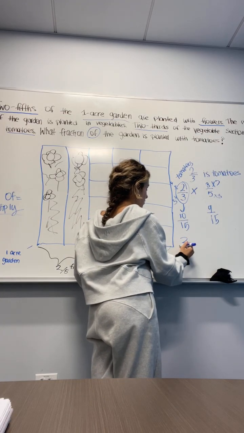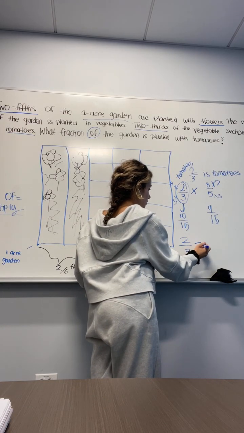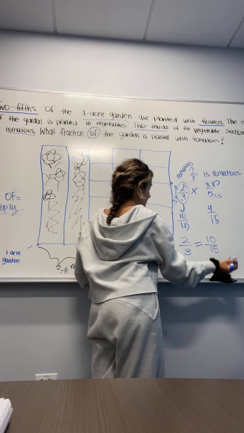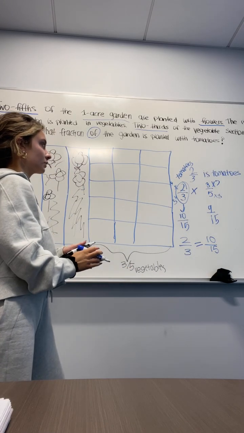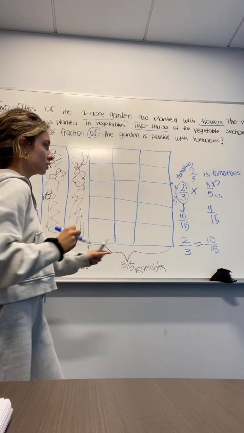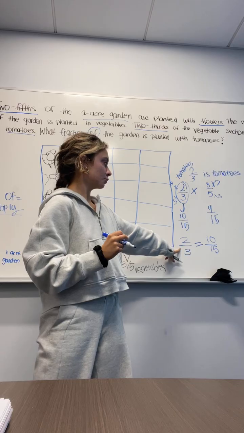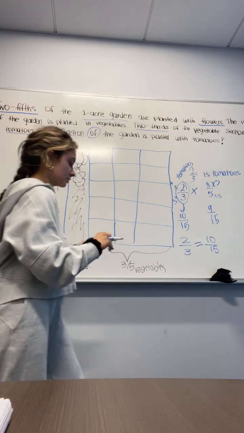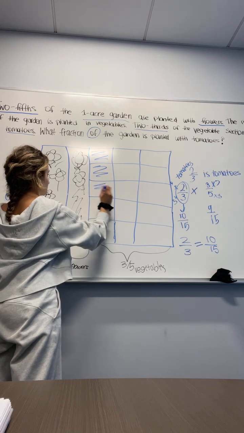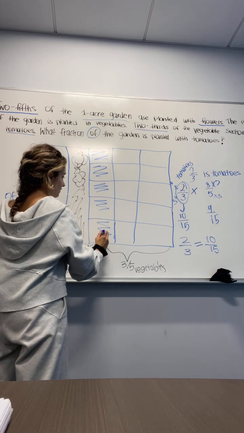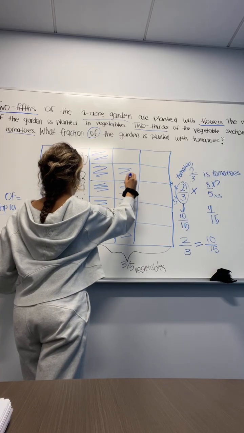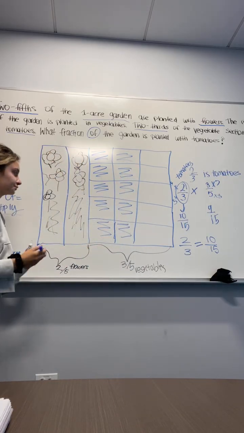So 2/3 is equal to 10/15, right? So this section would be our tomatoes. So let's color that in. 4, 5, 6, 7, 8, 9, 10.